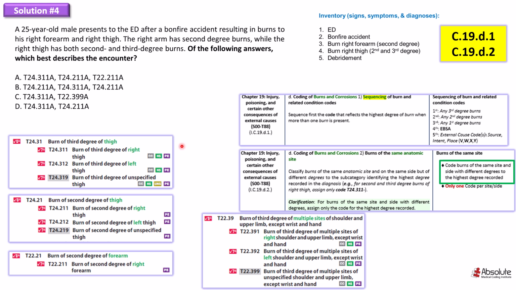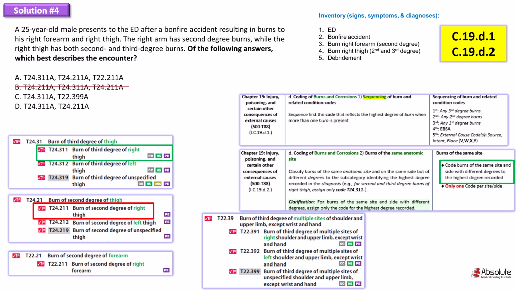We do. And T24.211A is second degree burn of right thigh. I don't like that at B. We should never sequence the second degree before the third. So let's go ahead and get rid of B.